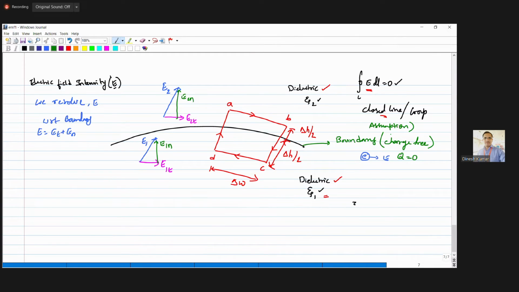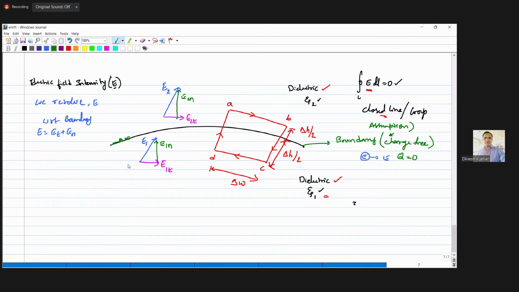We have to remember this; I will make use of this assumption at the last. So on the boundary the value of Q is equal to 0, but not inside the dielectric material.